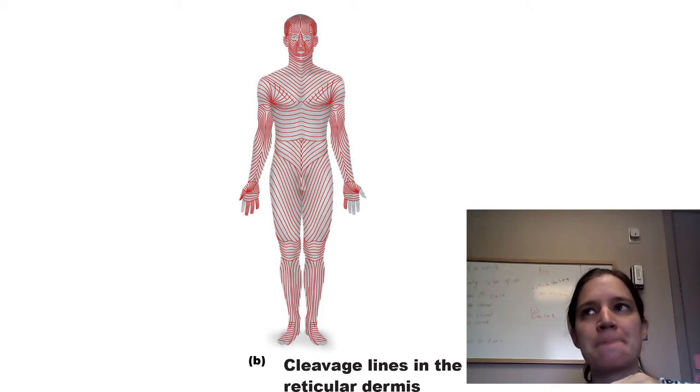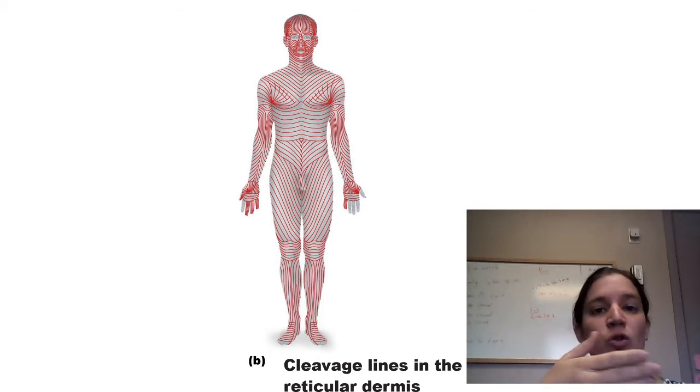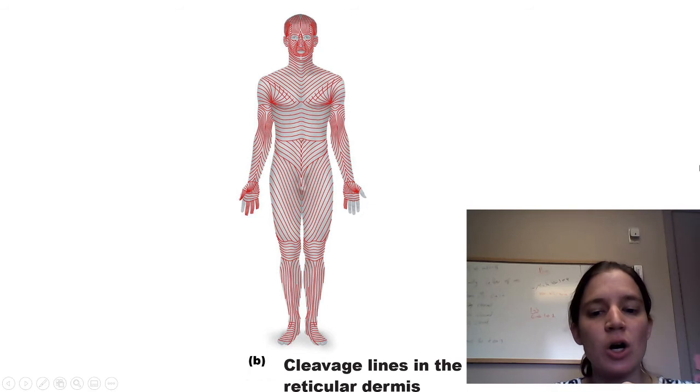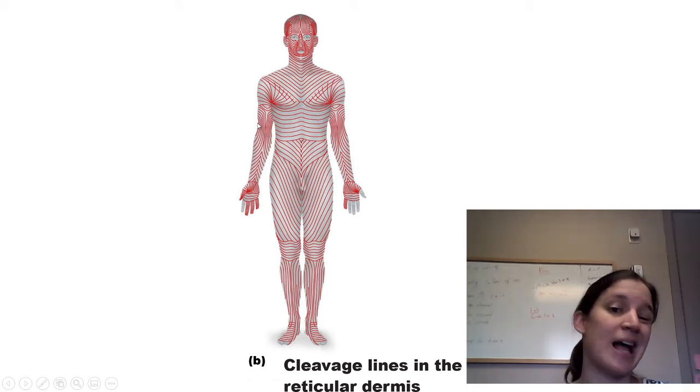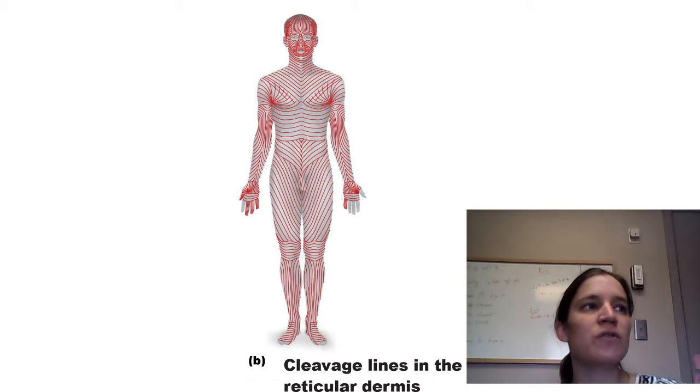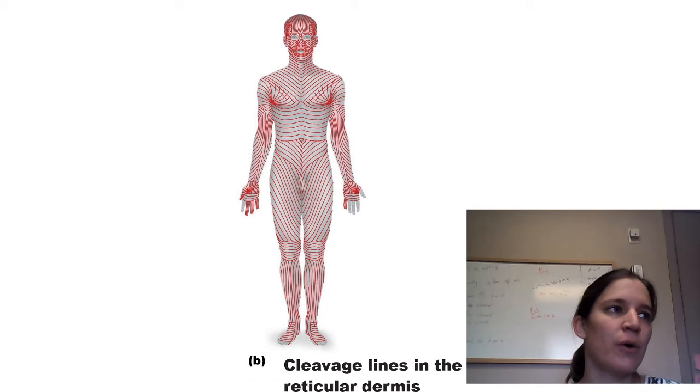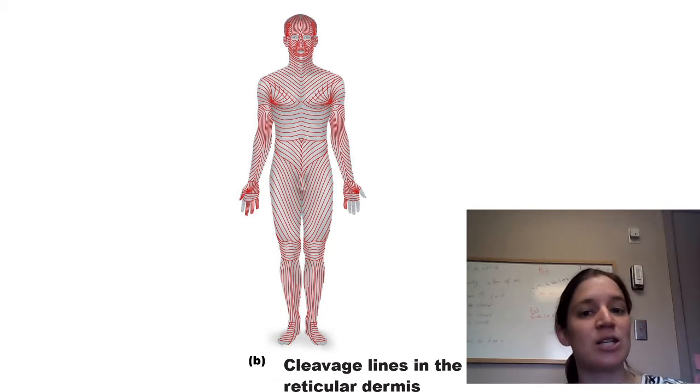Or if you're cutting meat, you can cut it along the grain or against the grain. Cleavage lines are important because while they're invisible just on the surface of the skin, they do make a huge difference in how skin heals. So if you're a surgeon, you want to make sure you're making incisions appropriately so it'll heal up with fewest scars.